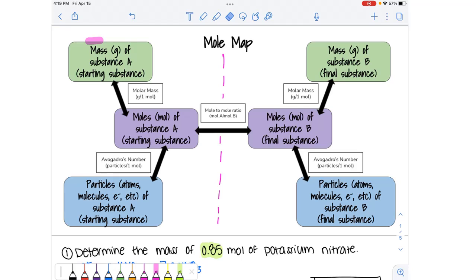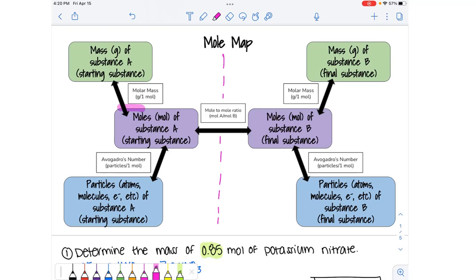We can now go between them, and we can do that using mole to mole ratios. If you are trying to convert between grams or particles of one substance and grams or particles of another substance, you cannot do this without going through the mole to mole conversion factor.